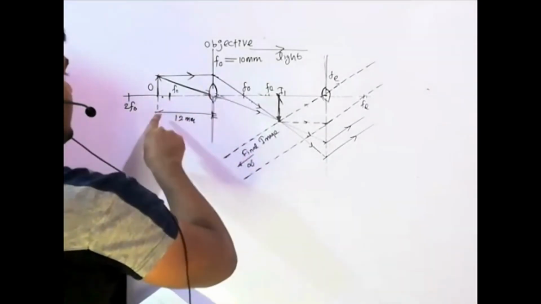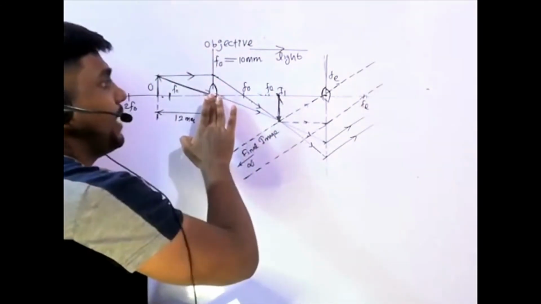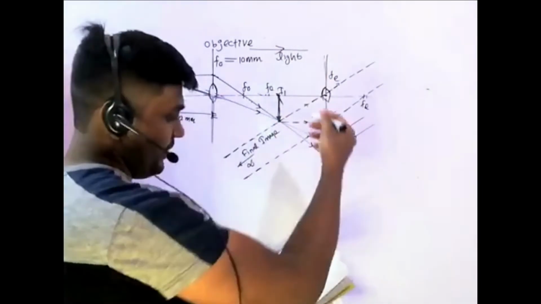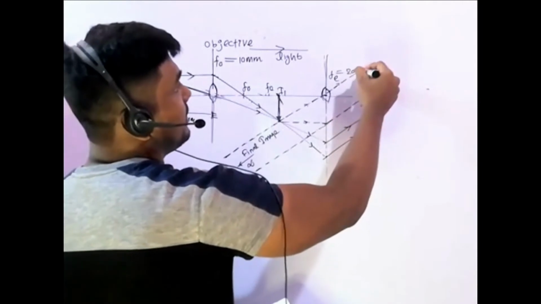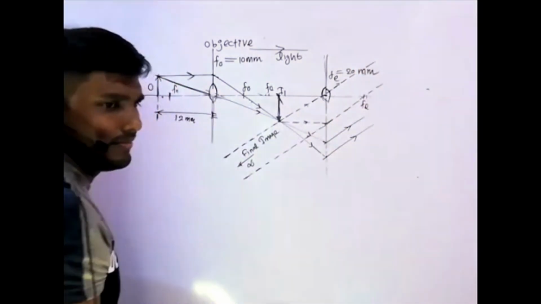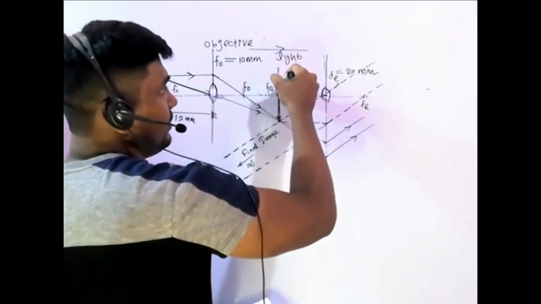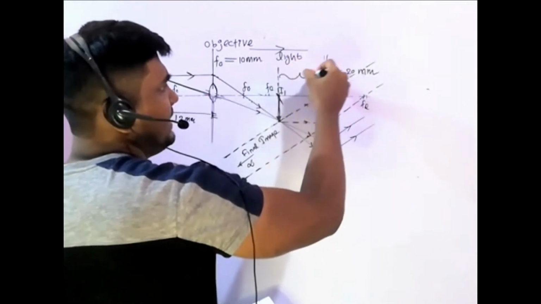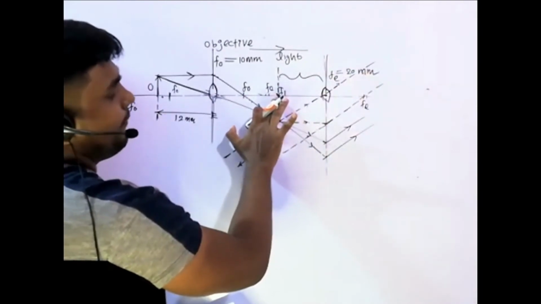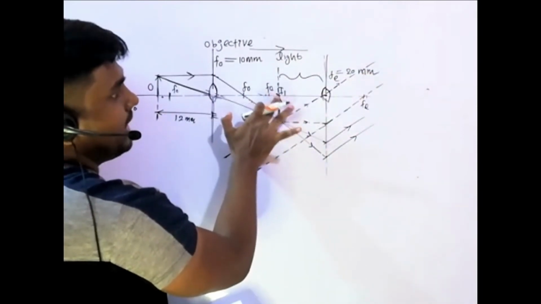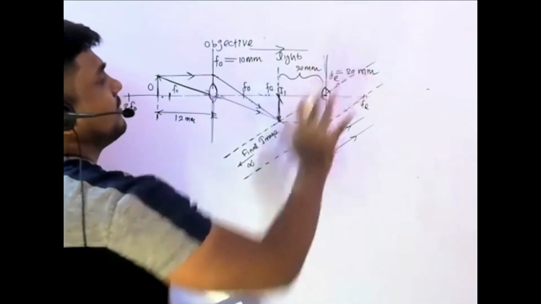They have given the object distance, the focal length of the objective, and the focal length of the eyepiece. The objective is 10 millimeters and the focal length of the eyepiece is 20 millimeters. Then what can you say about this distance? It's exactly equal to 20 millimeters, because if this is the focal point of the eyepiece, then this distance should be 20 millimeters.